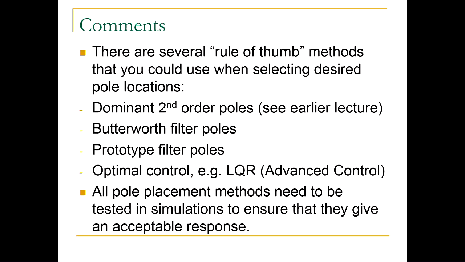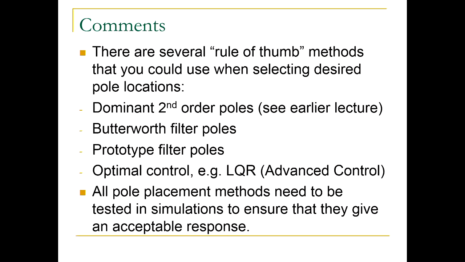They give you good guidelines. So here they are. We already talked about dominant second order poles, and today I will talk about Butterworth filter and prototype filter poles. And optimal control is something that I do in advanced control. It's an indirect way of doing pole placement.